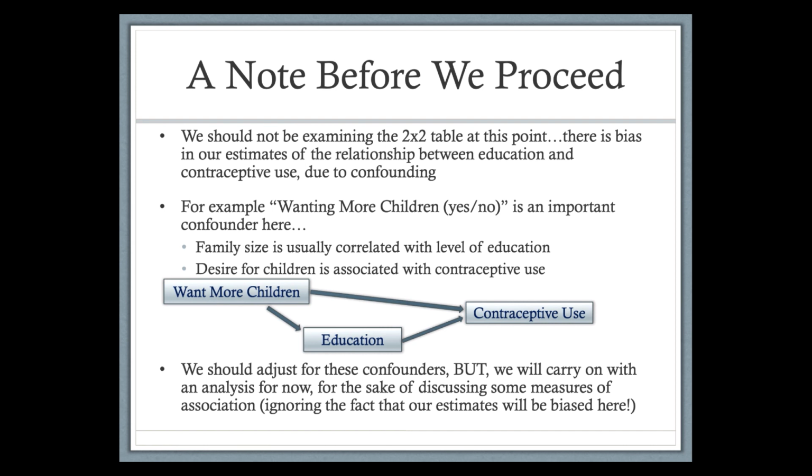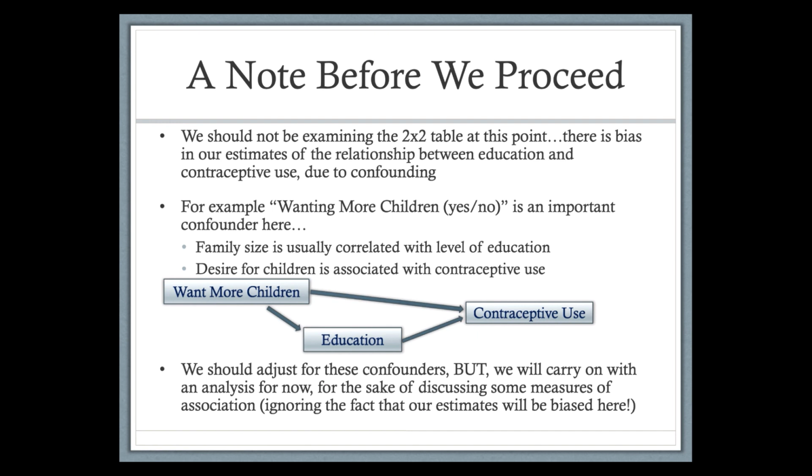So really, if we're going to do this analysis, what effect does education have on contraceptive use, we're going to need to adjust for these confounders. But for now, for the sake of discussing some of these measures of association between categorical variables, we're going to ignore the fact that these estimates are biased and that we're not adjusting for confounding.